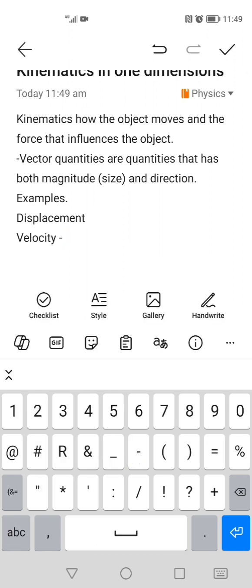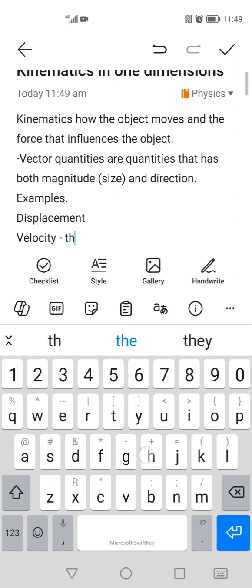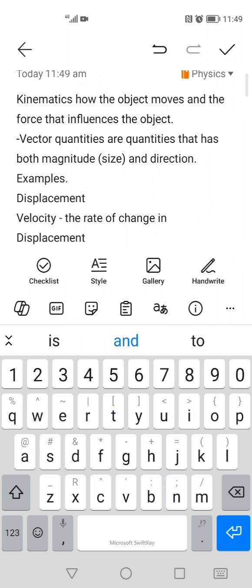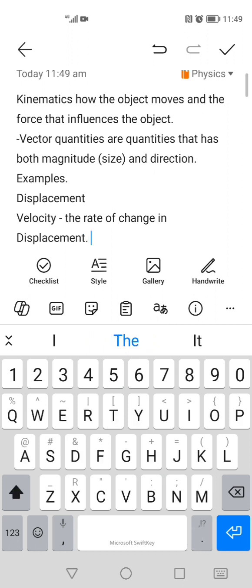Velocity can be defined as the rate of change in displacement. When we talk about rates, you focus on the time that it takes an object to cover a certain distance.